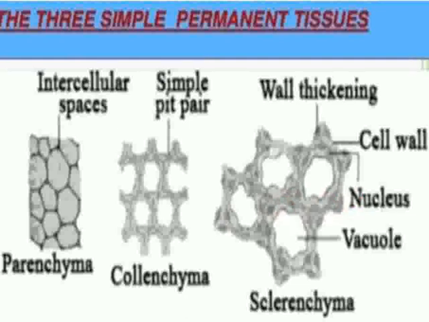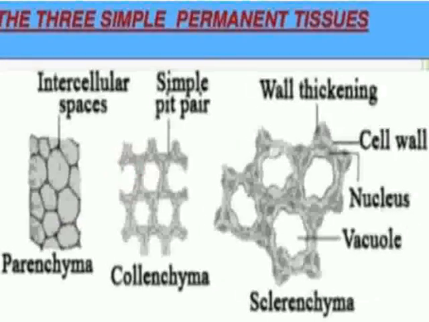The major difference is in the thickenings of the wall. The cells of the parenchyma are generally isodiametric. They may be spherical, oval, round, polygonal or elongated in shape. Their cell walls are thin and made up of cellulose. They can either be closely packed or they may have little intercellular spaces between them.